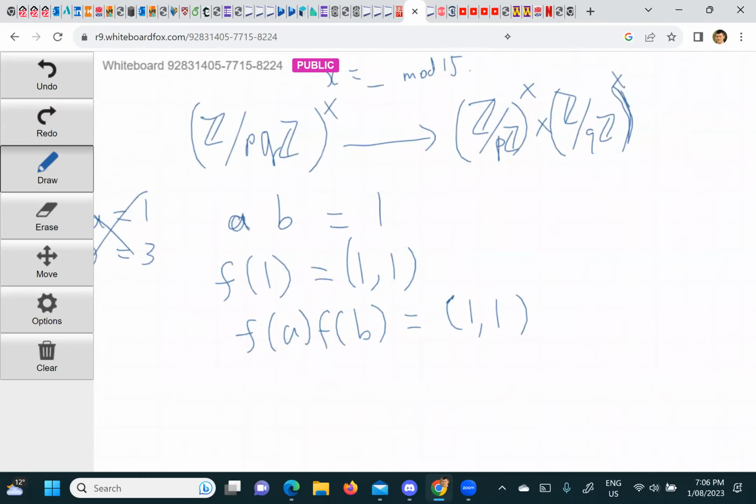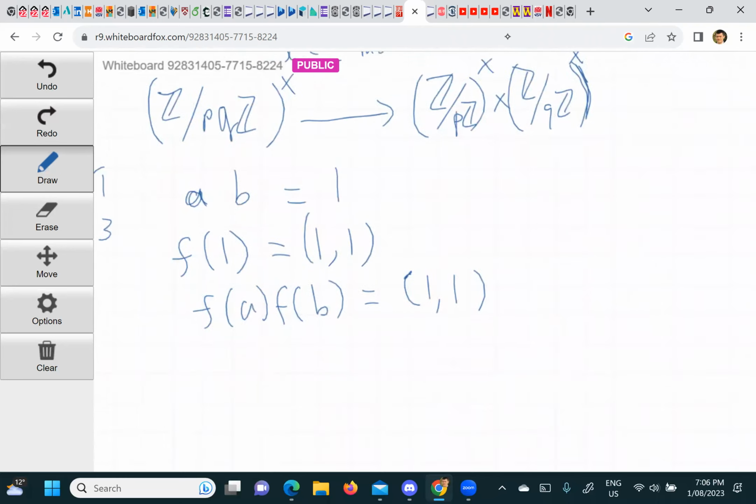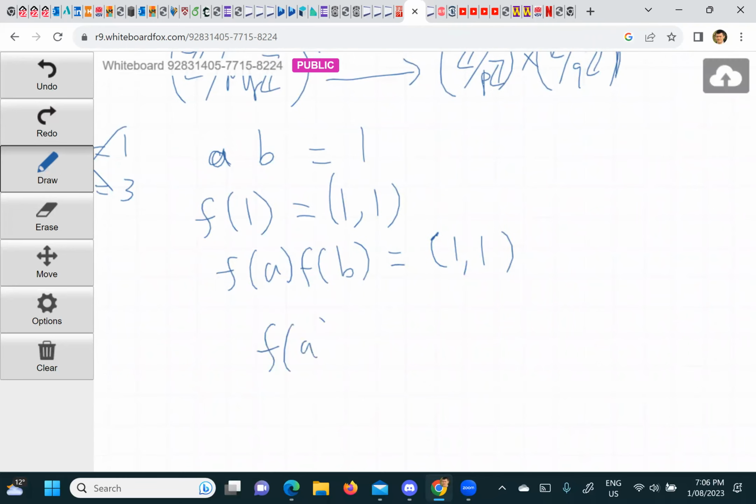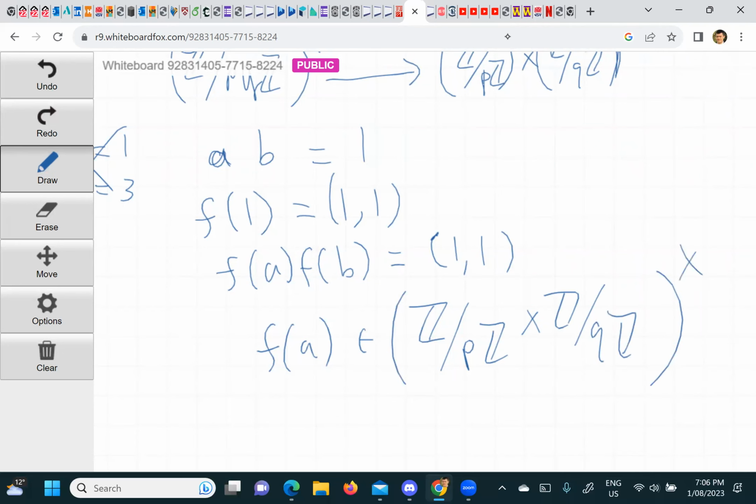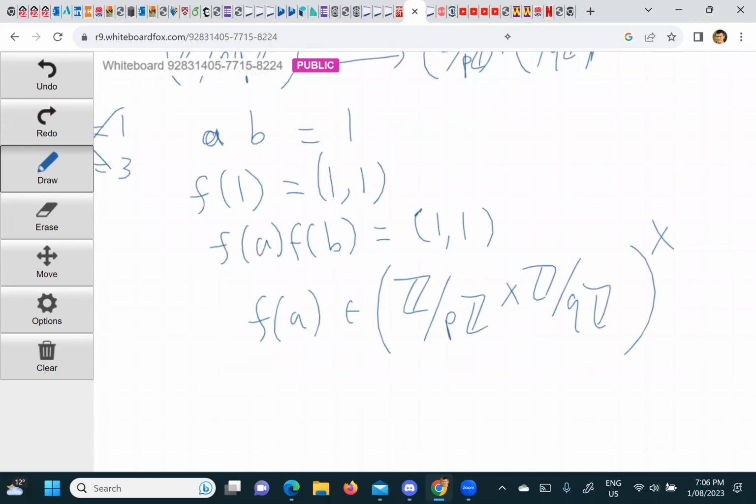So that's saying that f of A is in the invertible things in here. But then why are the invertible things in the product the product of the invertible things? Well, that's kind of obvious as well.